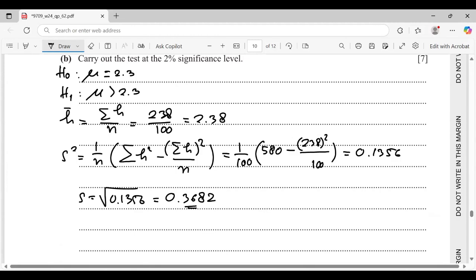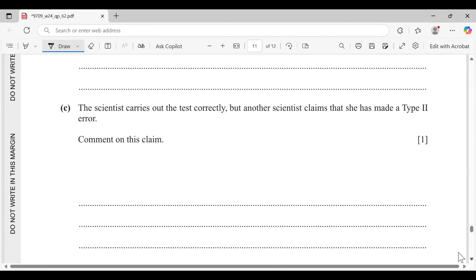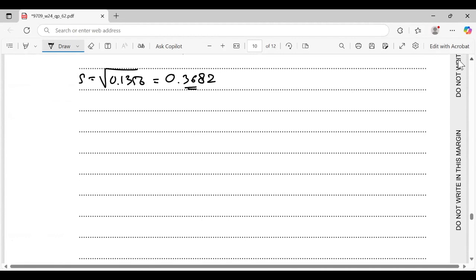Okay. And next, wait, not yet. I have to compute the test statistic, I forgot. We are going to use a one-sample z-test, because n equals 100, which is a large n.